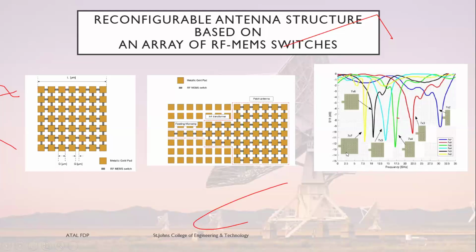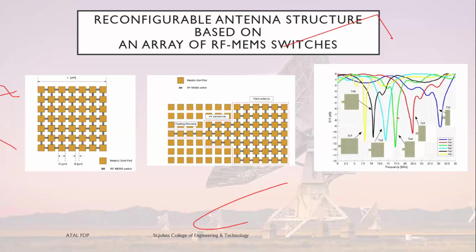Higher the size of the antenna array, lower is the frequency. 7x2 means how many antenna elements are there? There are only 14 elements, but it is operating at 30 gigahertz because the size of the antenna is small. Smaller the size of the antenna, higher is the frequency. Higher the size of the antenna, lower is the frequency of operation.